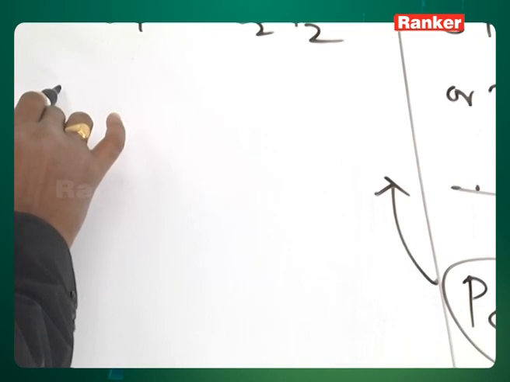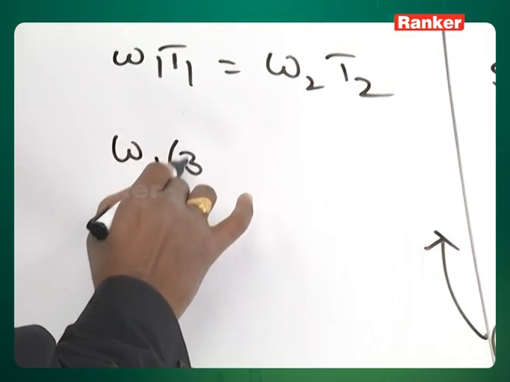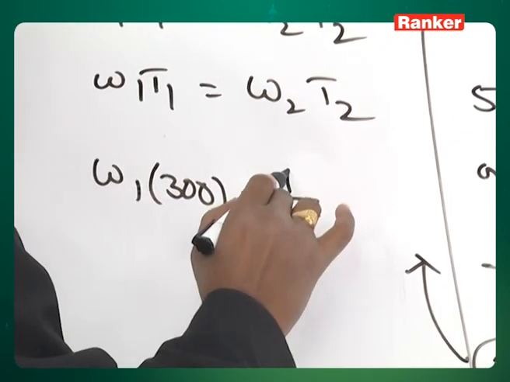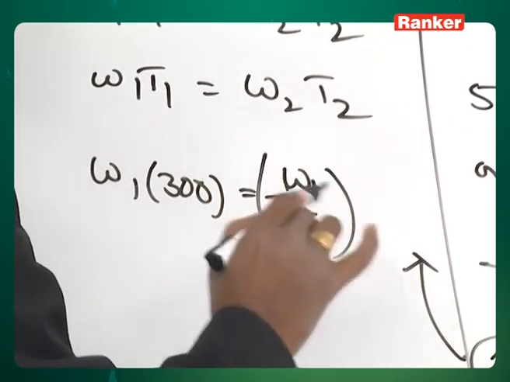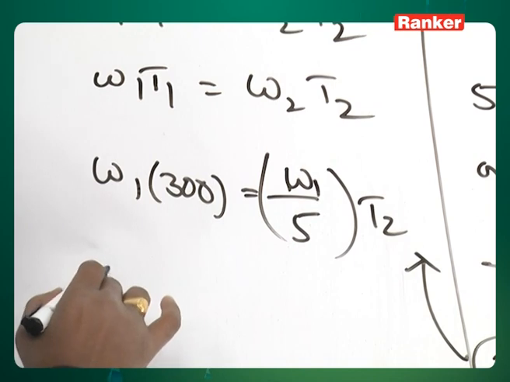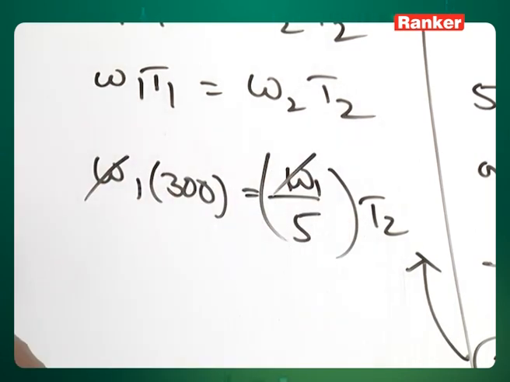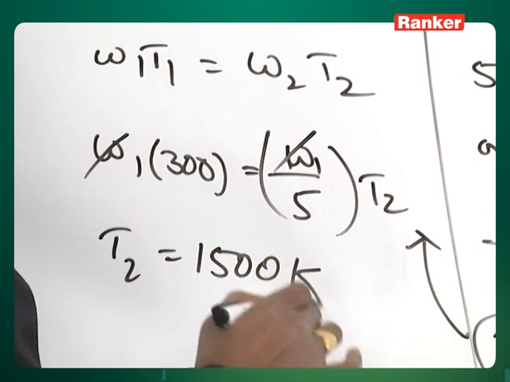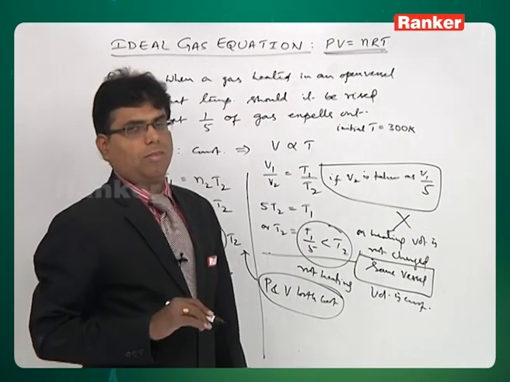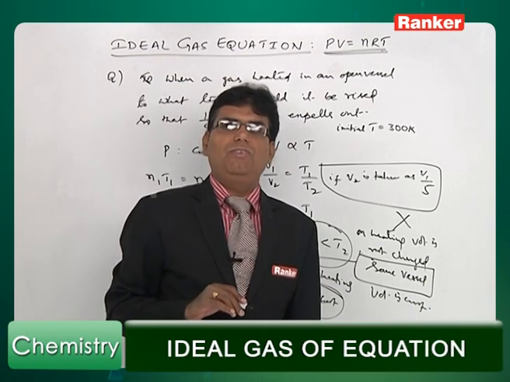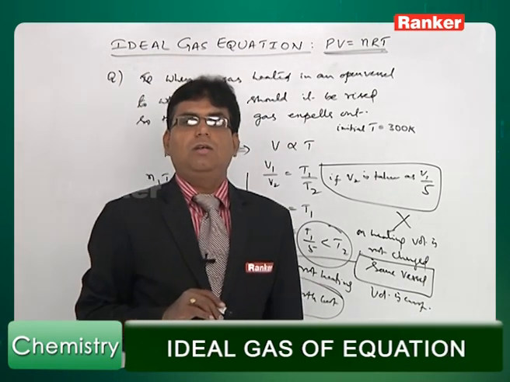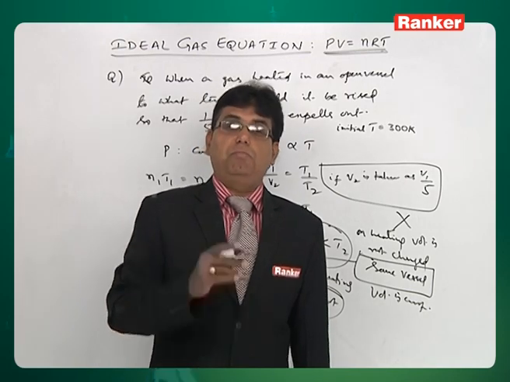Then W1 is the initial, W1 into 300 is equal to W2, that is 1 by 5, W1 by 5 into T2. So, from this, when W1 gets cancelled, T2 is equal to 1500 Kelvin. So, the gas must be heated to 1500 Kelvin from 300 Kelvin so that 1/5 of the gas is expelled.